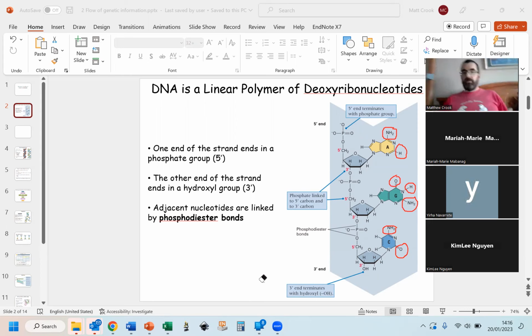Okay, so let's get back to drawing. Here we go. Right, so nitrogenous bases.